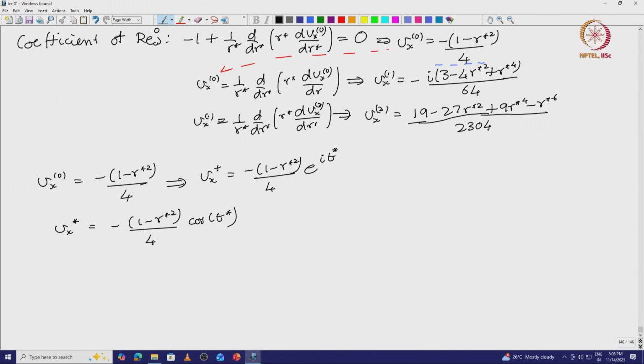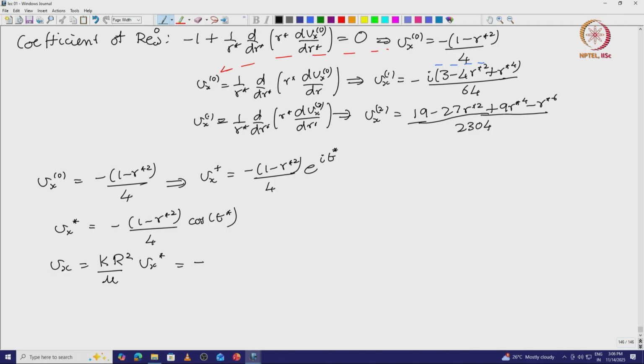And I had used the viscous scaling, therefore V x will be equal to k r square by mu into V x star. I had used that scaling.